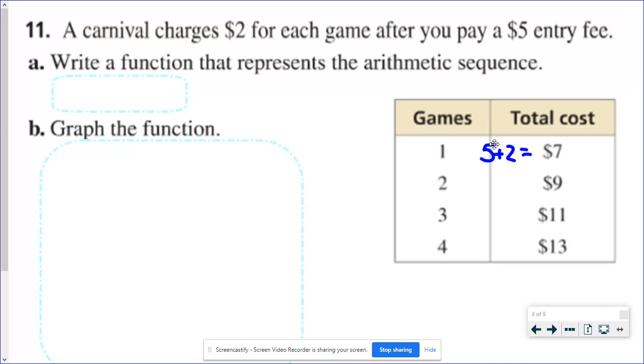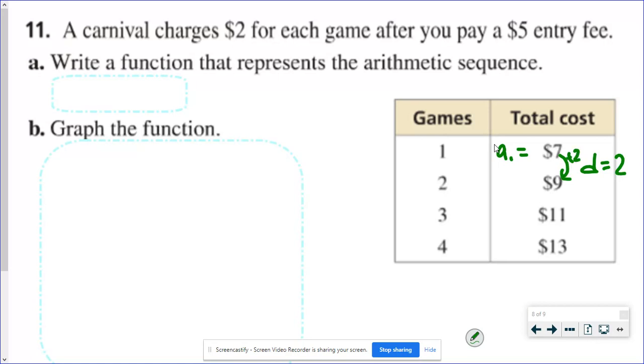So to write this as an arithmetic sequence, I would start with, sorry, my first term, a sub 1, playing one game, is 7. So this is a sub 1. And my common difference is, oh, I almost put the plus sign too early. The common difference is 2 because I'm adding 2 every single time, right? We add 2.